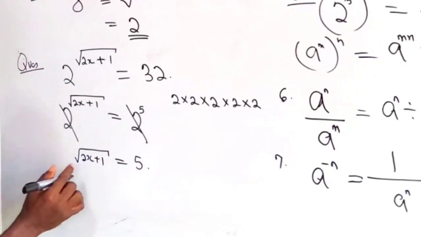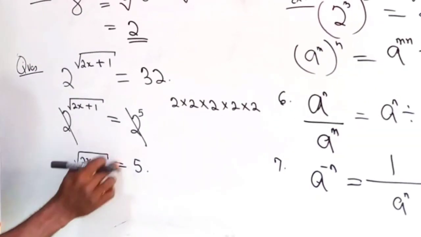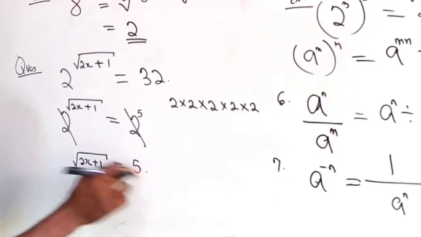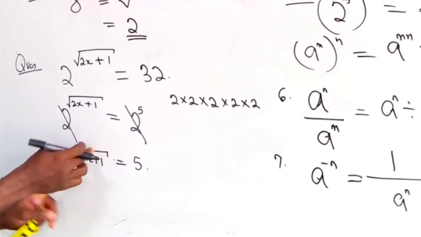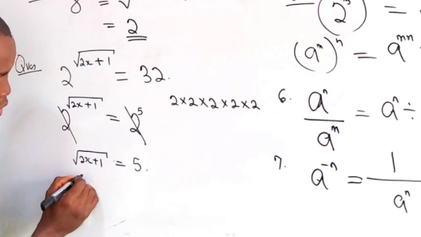So what we do now is that we say, okay, let's square both sides, because we actually want to take off this very square root.